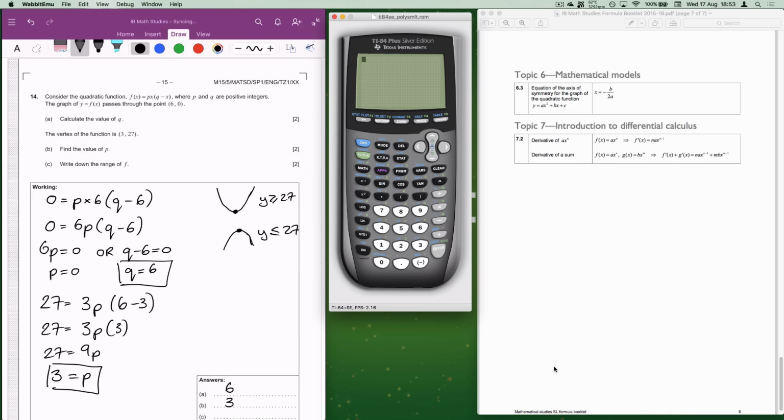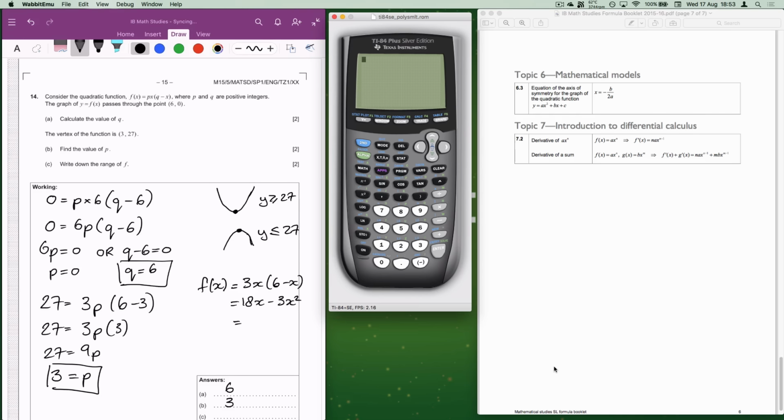And so if we look at our function, f of x equals, p is 3, so that's 3x(6 minus x). Let's just multiply it out now. We've multiplied it out before, but this time we are going to. So that gives me 18x minus 3x squared.